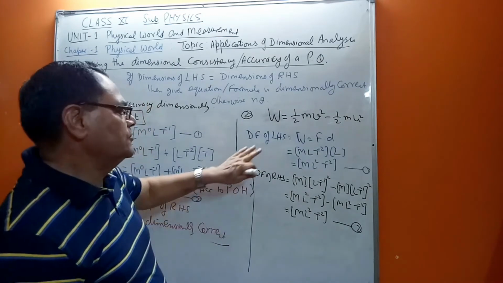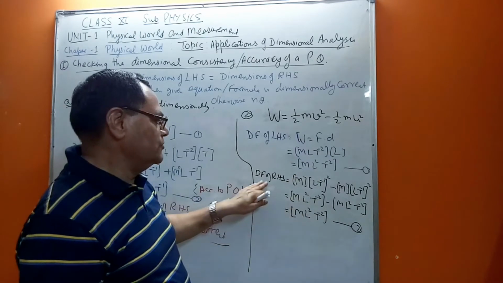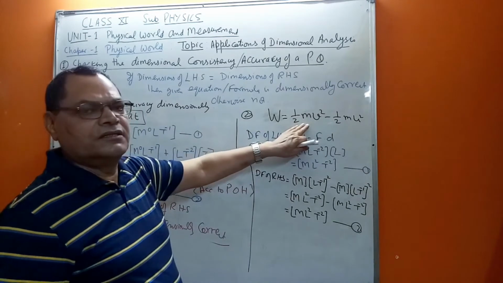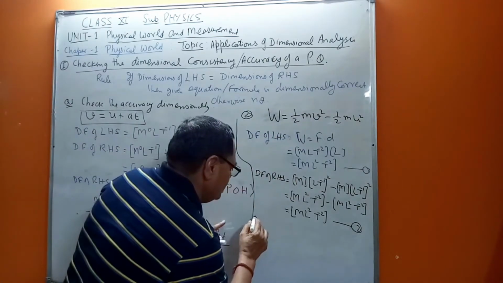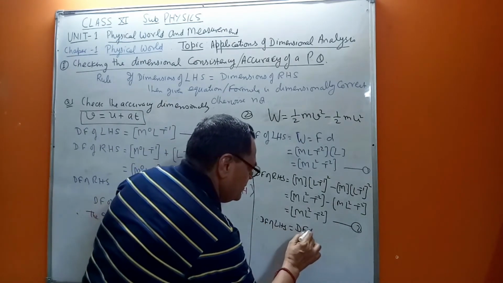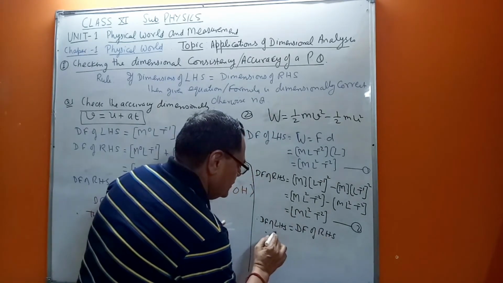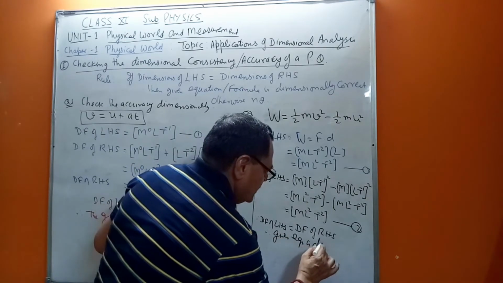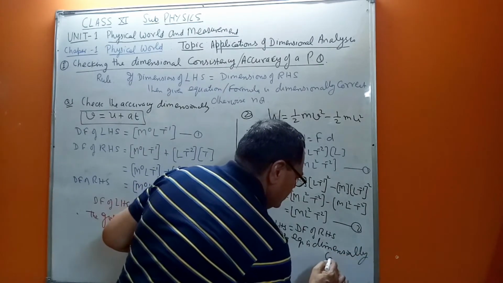So we see here the dimensions of LHS are equal to the dimensions of RHS, thereby the given equation is again dimensionally correct. Since the dimension formula of LHS is equal to the dimension formula of RHS, therefore the given equation is dimensionally correct.